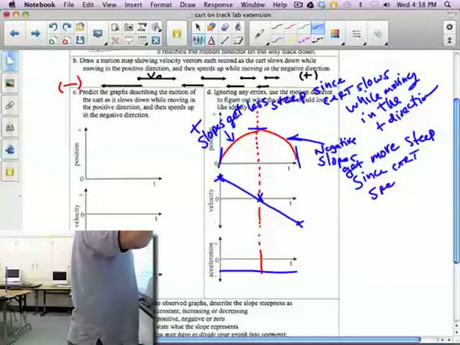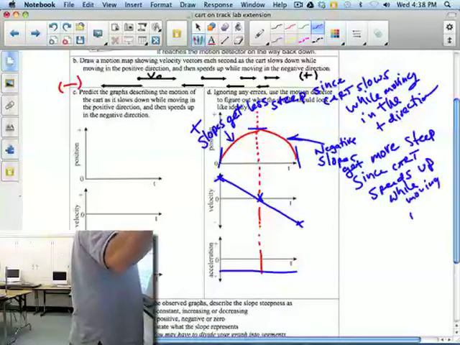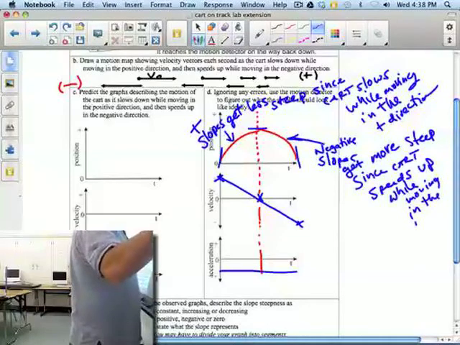And the cart speeds up while moving in the negative direction.